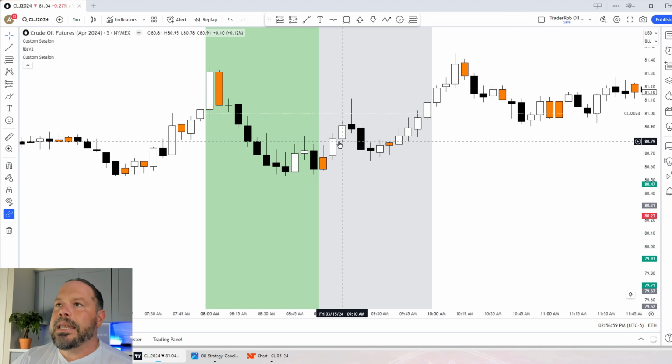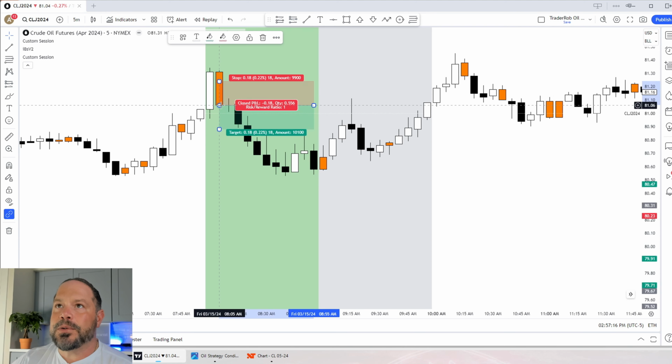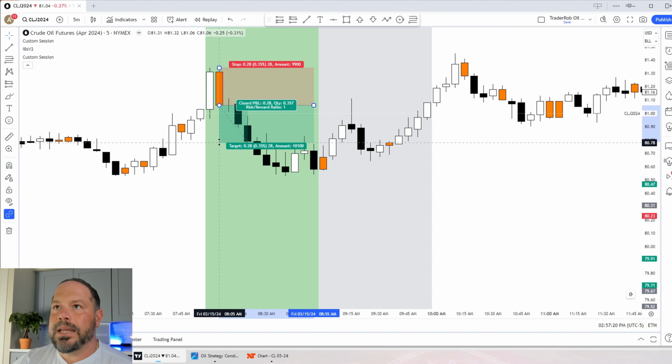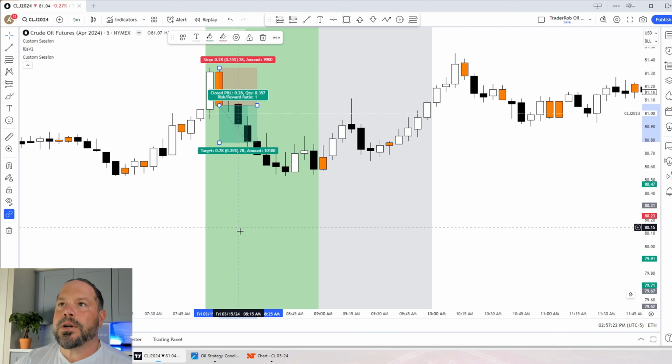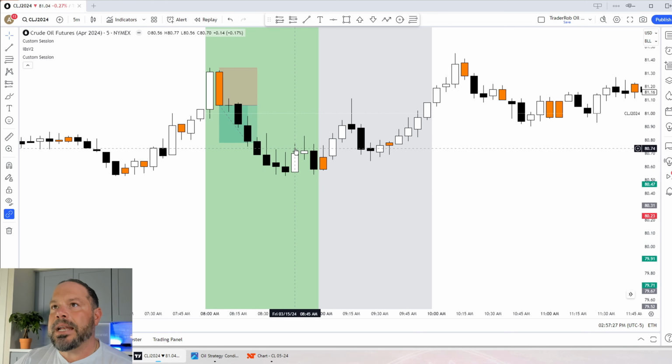Okay. Now, for session 2, it's a different story. If your first inside bar, meaning from 9 a.m. to 9:05 Central Time, is an inside bar, and you are not in a trade from session 1, meaning that we got into a trade here, 28 ticks, you hit your take profit on this candle right here, we are not in a trade anymore.